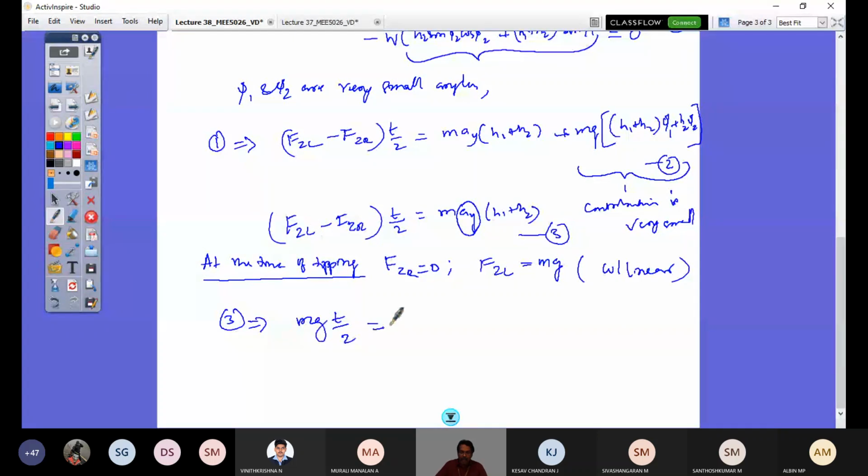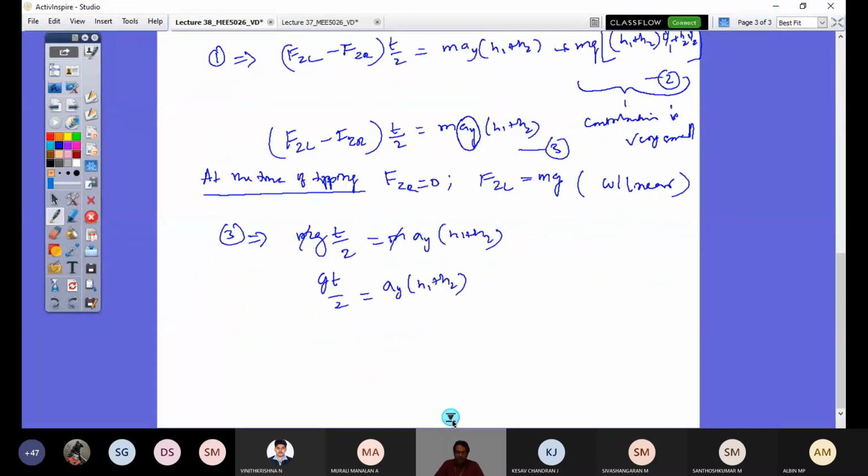I would have now g T by 2 equals a_y into (h1 plus h2). So let me rewrite this expression for lateral acceleration normalized by g, that is a_y by g, is going to be T by 2 into (h1 plus h2), where h1 plus h2 is the CG location from the ground, 2 times h. So this is a thumb rule.